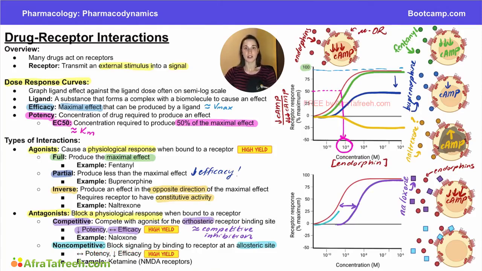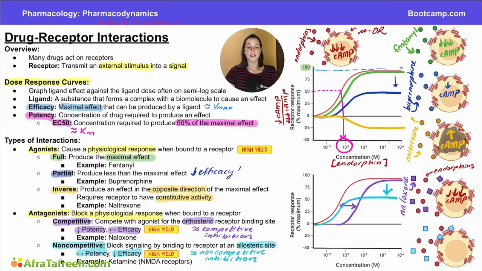However, the efficacy is going to decrease because no matter how much we increase the concentration of the agonist, it will never be able to compete off the antagonist because it's binding at a different site. This is exactly like the concept of non-competitive inhibition for enzyme-drug interactions. There aren't really any good examples of opioid non-competitive antagonists, but ketamine is a non-competitive antagonist for a different class of receptors called NMDA receptors.